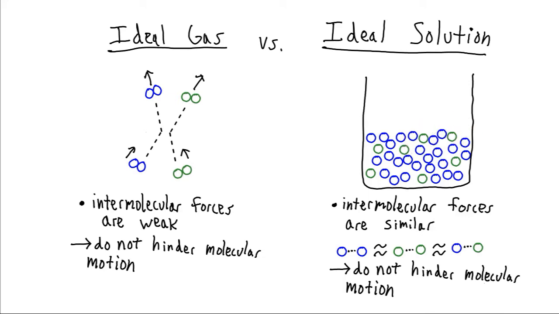The intermolecular forces are still going to keep these molecules from spontaneously exploring the walls of their container as a gas, but they're not going to prevent these green molecules from swapping places with the blue molecules and diffusing throughout the confines of the solution. So it's a different kind of motion, but just like in the ideal gas case, the intermolecular forces are not going to hinder the dispersion of the molecules.